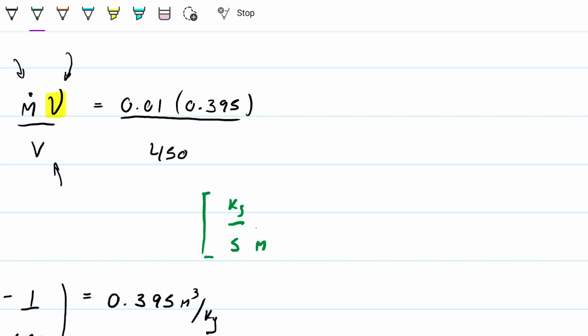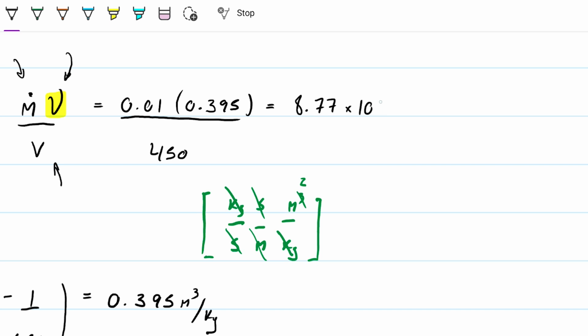On the bottom, we have meters per second, and then we're multiplying all that by meters cubed per kilogram. So kilograms and kilograms, seconds and seconds. Then 1 meter with the meter cubed gives me meters squared, which is great because that is what I'm looking for. So 877 times 10 to the minus 6 meters squared. And that is the cross-sectional area at the exit of the nozzle.